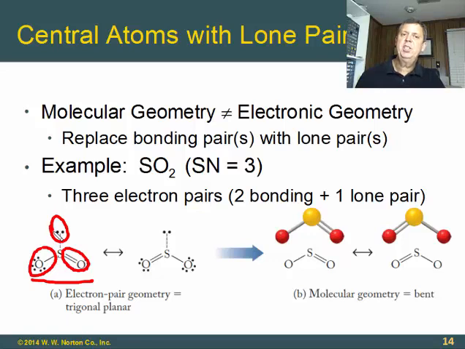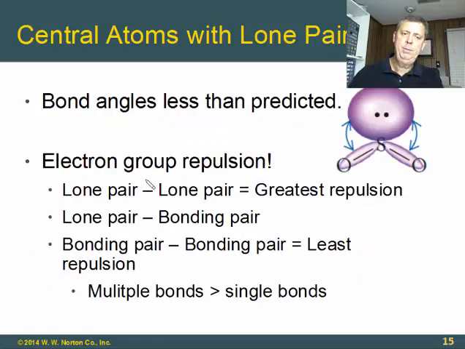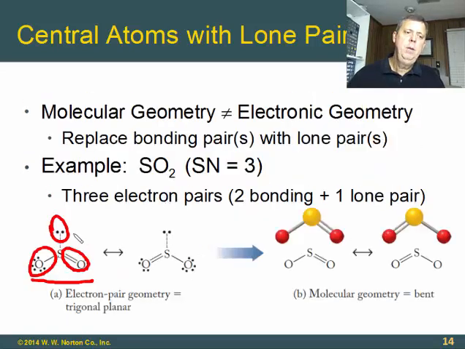Electronic geometry really tells us the angles between all the groups. So we know that the angles here are going to be roughly 120 degrees between any of these groups, since it's trigonal. Now it ends up that since lone pairs actually have more repulsive effect than the bonded atoms, it kind of distorts this a bit.